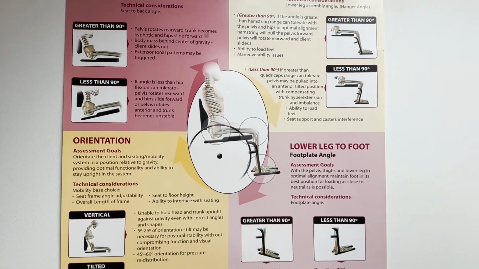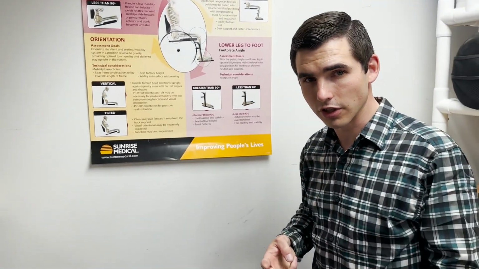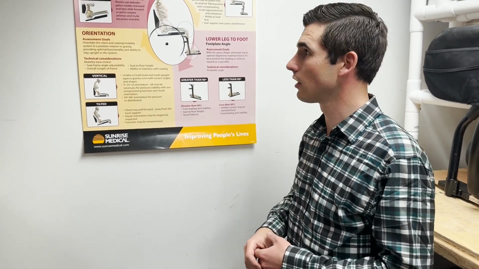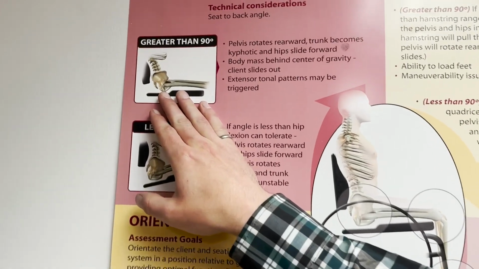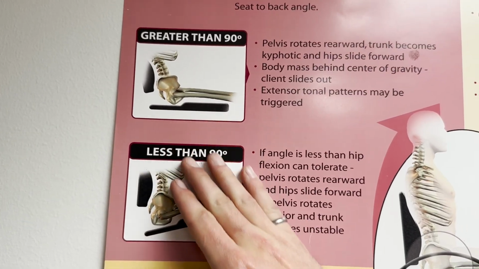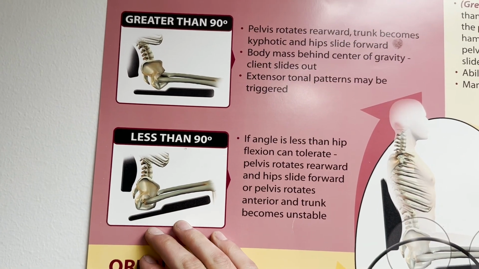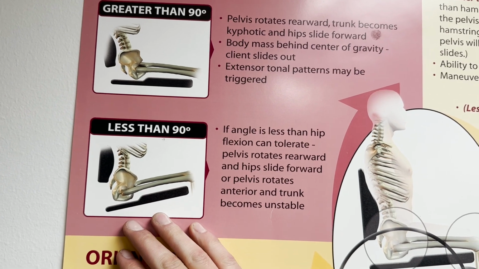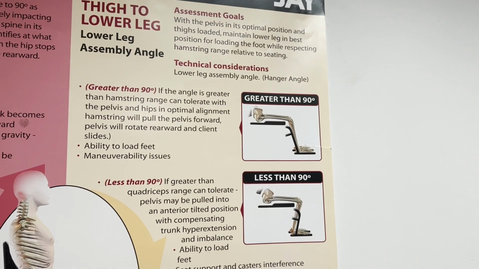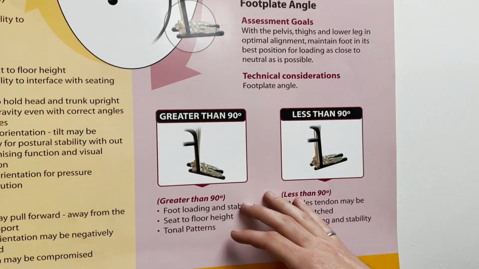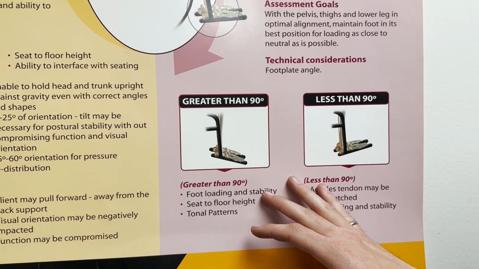This is going to help with posture and reducing energy consumption for the individual using it. So if we get the hip open too far, greater than 90 degrees, we're going to end up sliding out. If we get less than 90 degrees, poor circulation is going to occur. And that same thing will follow for each of the other joints. And to be honest, there are other injuries that can occur in those areas, especially with different ligaments and tendons.